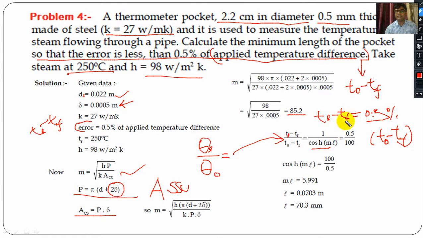So I am writing TL minus TF upon T naught minus TF is equal to 0.5 divided by 100, and this equals 1 by cos hML.